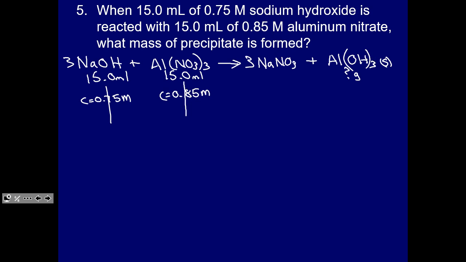So I need to figure out the moles of these, and I need to convert it to find the moles that I need, and I need to find the moles that I have. And again, I'm going to need the mole ratio. In this case, it's 3 to 1. I'm going to need lots of C equals N over V to find the moles. I'm going to have to do it for both, and then put my numbers in.